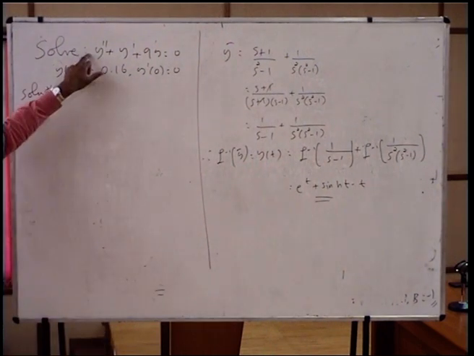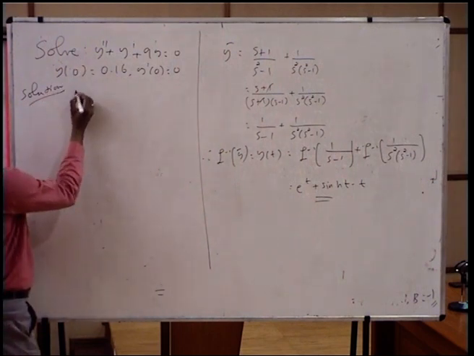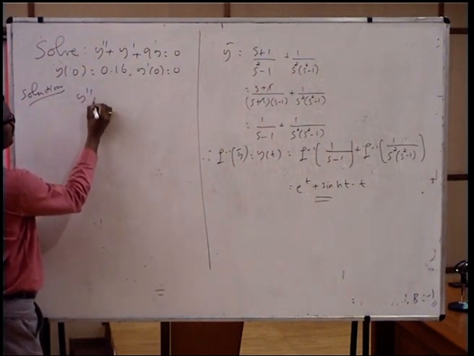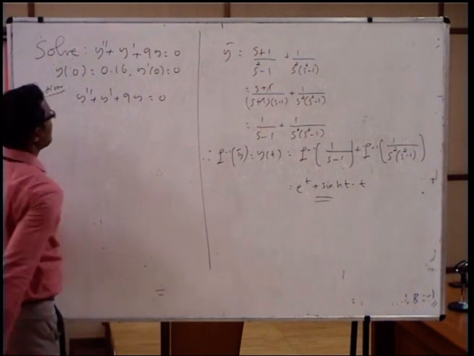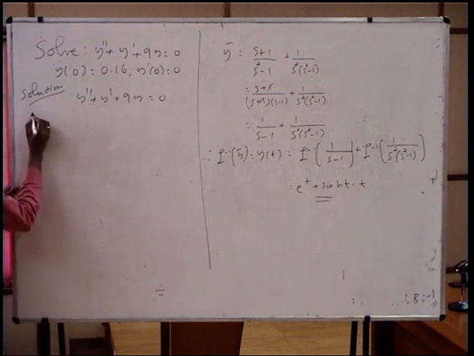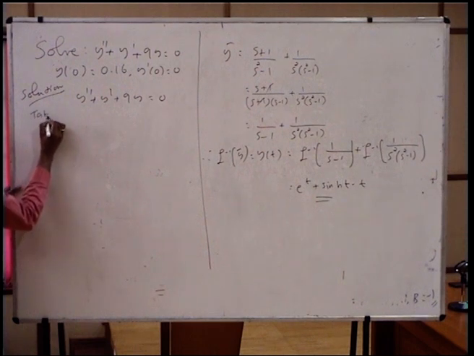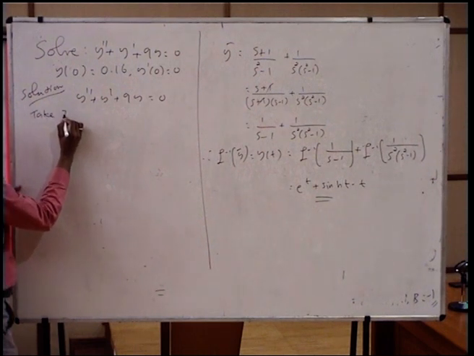So consider the given differential equation y double dash plus y dash plus 9y equal to 0. Now take the Laplace transform on both sides of the equation.